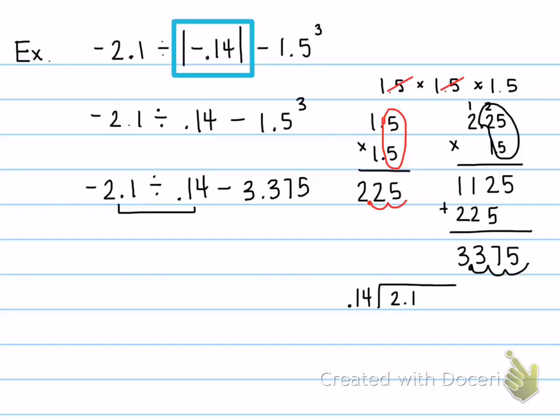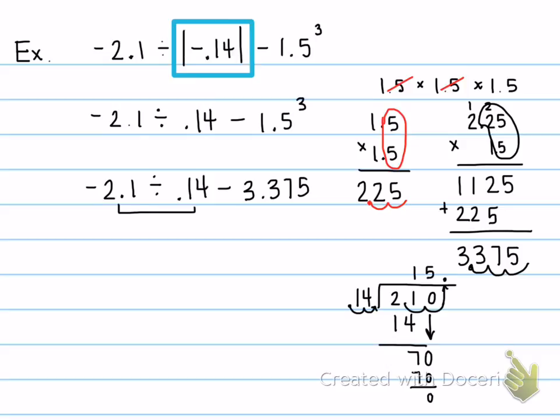I know that I have to go 2 spaces over, so I'm going to go 2 spaces over. I'm going to move my decimal straight up in my answer. It's going to be a 0. 14 doesn't go into 2. 14 goes into 21 one time. That's 14. Subtract, I get 7. Bring down the 0. 14 goes into 70 5 times. That's 70.